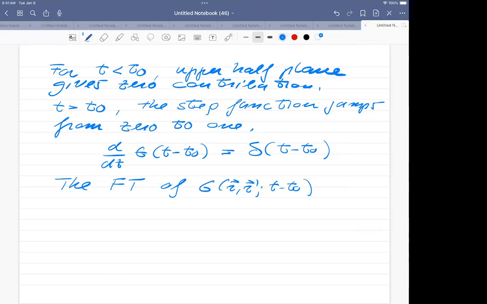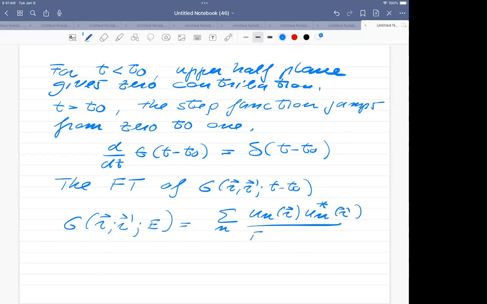Since we're only performing the Fourier transformation with respect to time, this is going to give us a Green's function of energy, equal to a sum over these overlaps, which we defined earlier, of r with u_n of r prime, divided by E minus the exact energies, plus i eta. And it's assumed that we take the limit eta goes to 0.